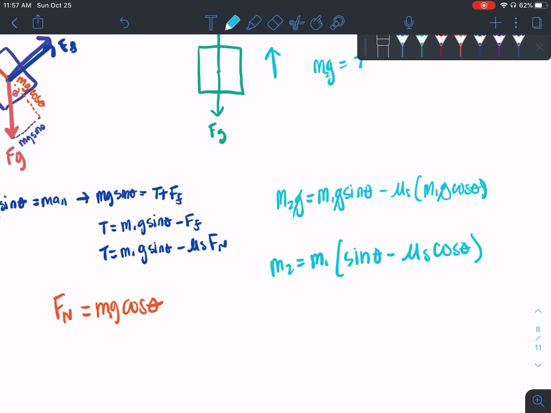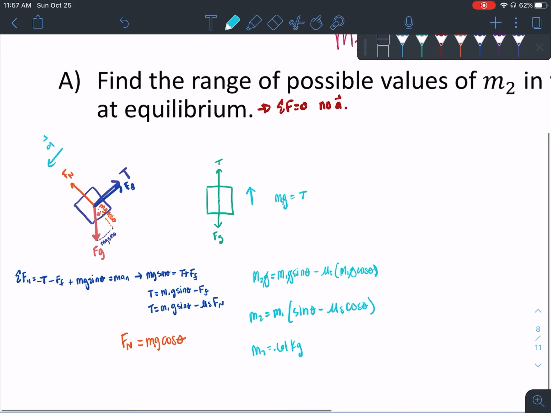And now we can go ahead and solve this one. So we get m2 being 0.61 kilograms.